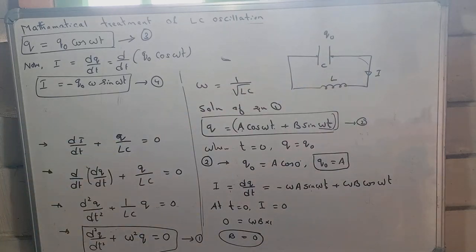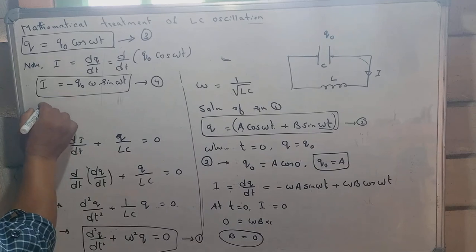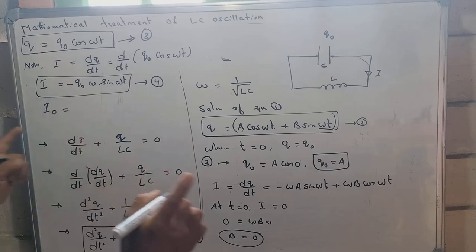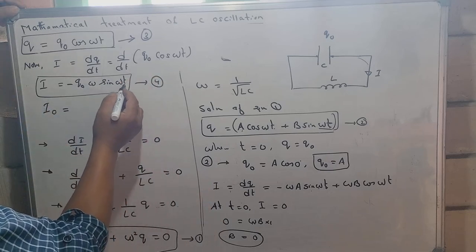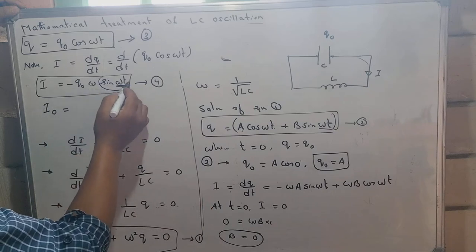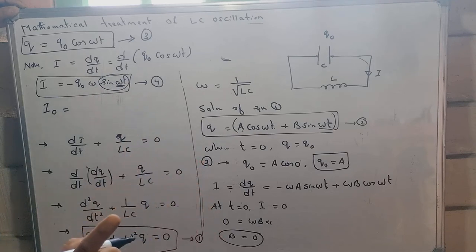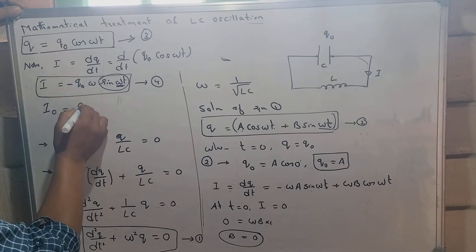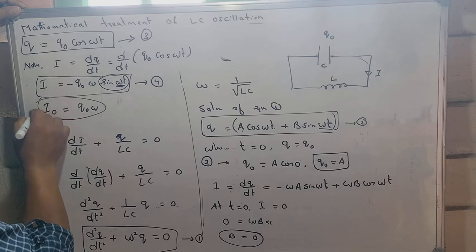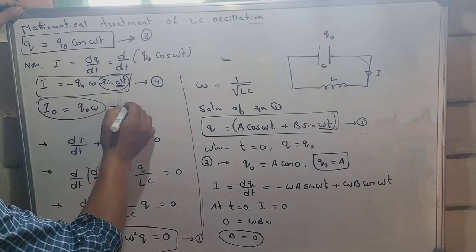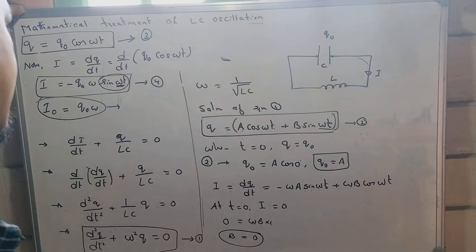For current to be maximum, denoted by I naught, the sine should be equal to 1, because the maximum value of sine is 1. So you get minus Q naught omega, or I'll just write Q naught omega without the negative sign, because the negative sign only tells you the direction, and we want only the magnitude. This is the maximum value of the current in the circuit.